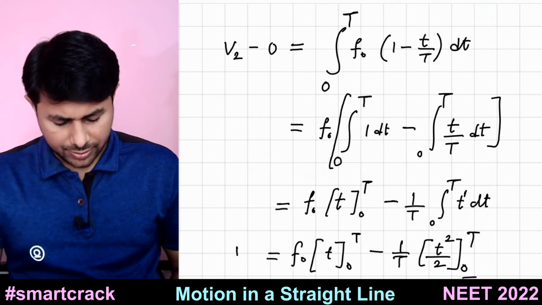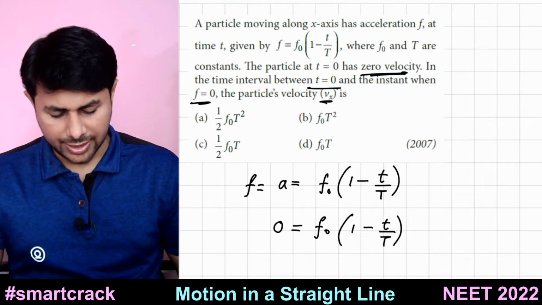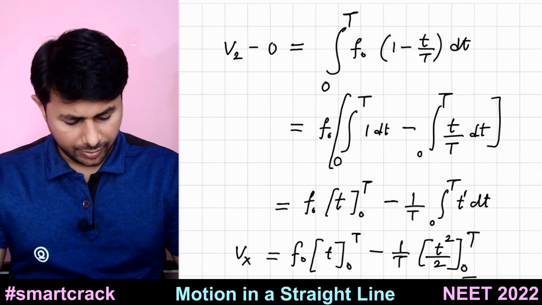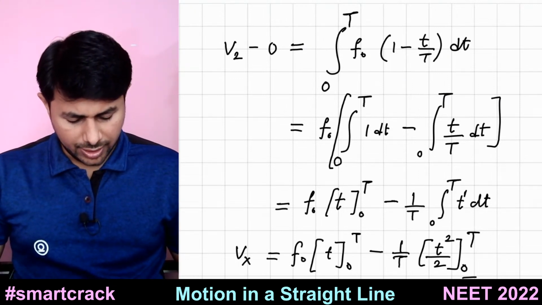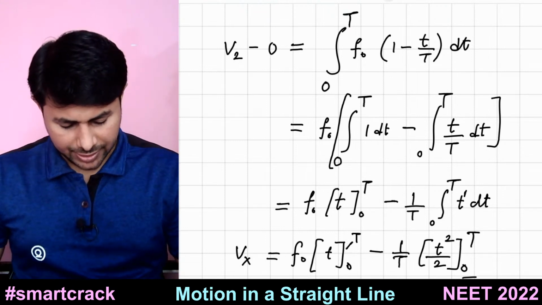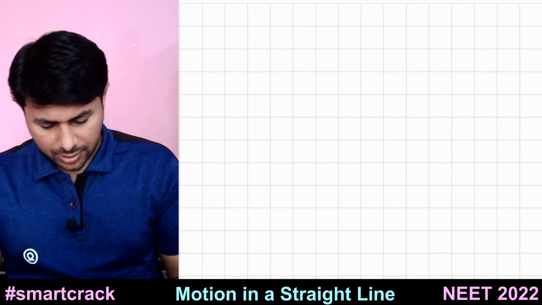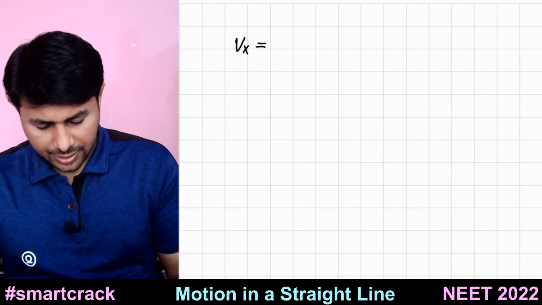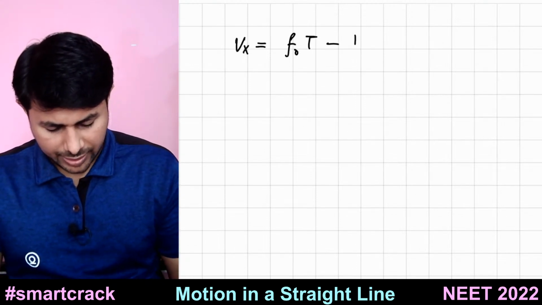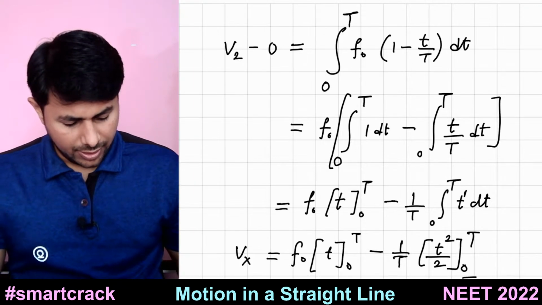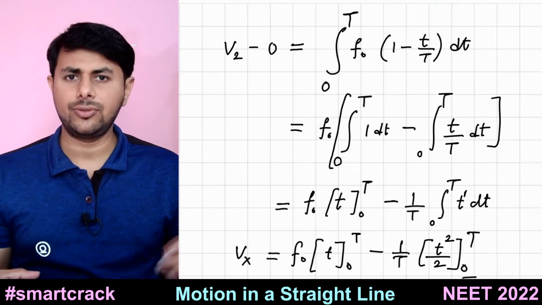So v2 is equal to vx. They are calling the final velocity vx. Then we can substitute the upper and lower limits. If we substitute the upper limit, it's capital T, so it is f naught times T. So vx is f naught times T minus 1 by T times, upper limit is T, lower limit is 0, so it is capital T squared upon 2 minus 0.